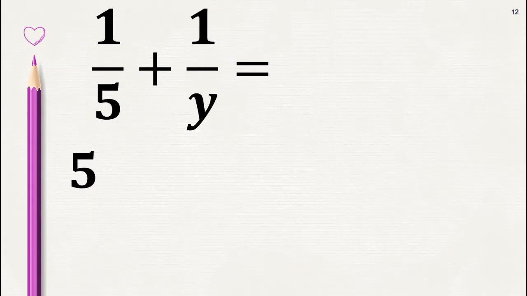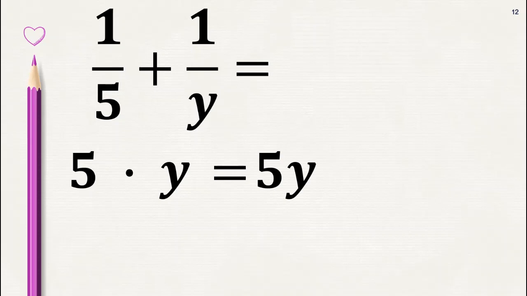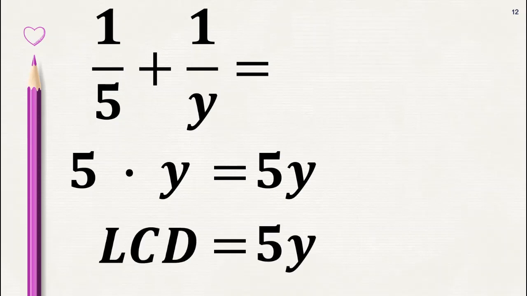And the only factor of y other than 1 is y. After getting them, we will multiply, and then 5 times y is 5y. Therefore, our LCD is 5y.